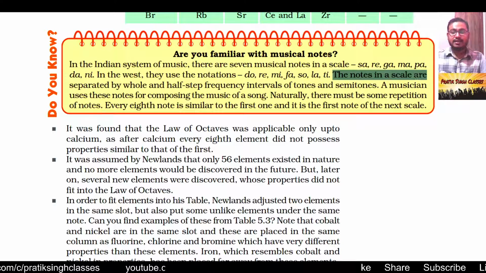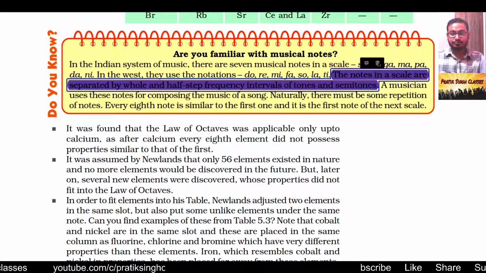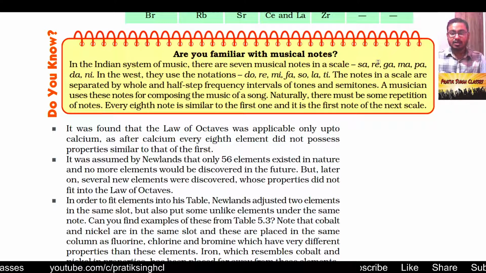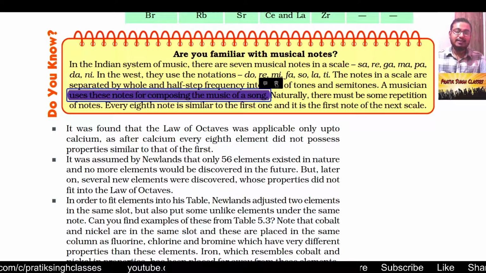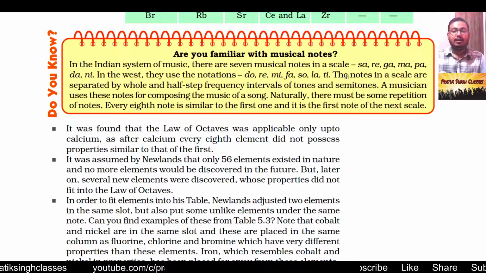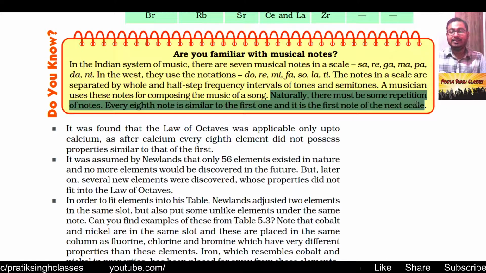The notes in the scale are separated by whole and half step frequency intervals of tones and semitones. A musician uses the notes for composing the music of a song. Whatever type of Indian song you listen to today, all of them are based on these seven basic notes of our ancient times, Sa Re Ga Ma Pa Dha Ni. Naturally there must be some repetition of notes. Every eighth note is similar to the first and it is the first note of the next scale.